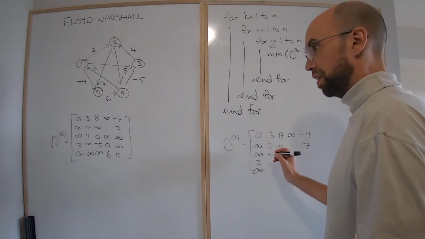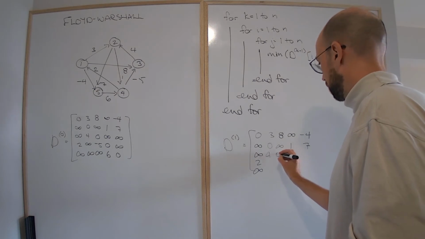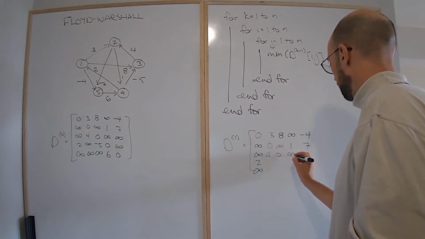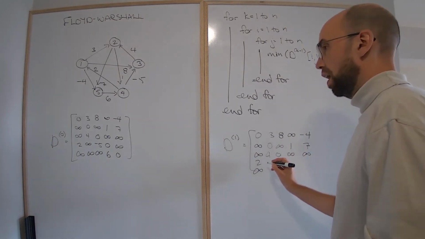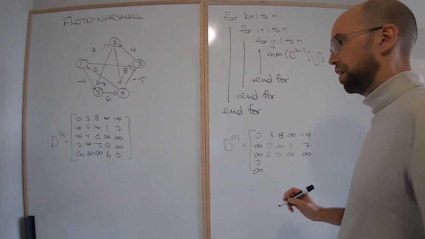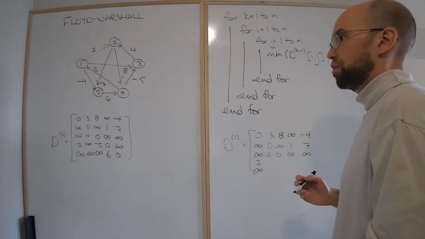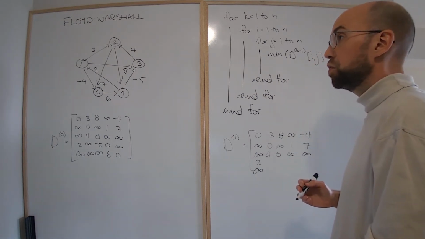So we can fill in infinite, 4, 0, infinite, infinite. We've already filled in the cost of going from 4 to 1; it didn't change. Now let's look at the cost of going from 4 to 2.